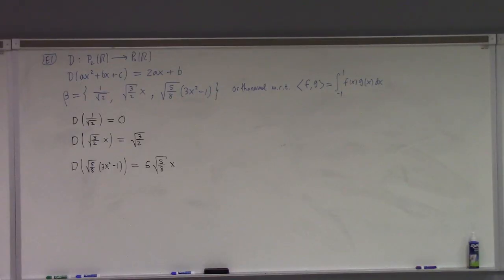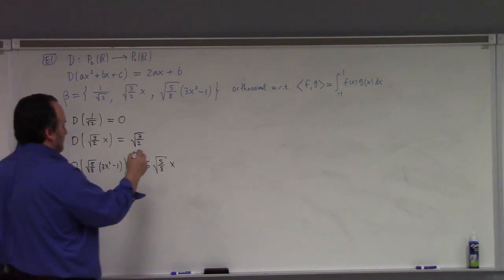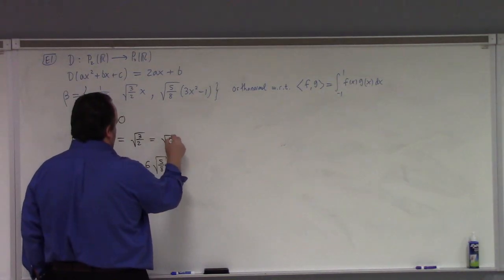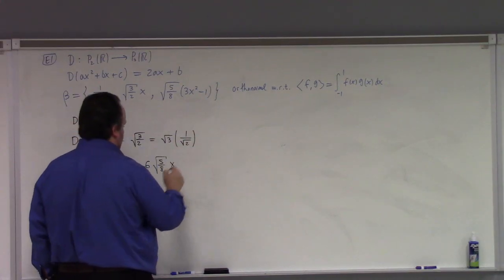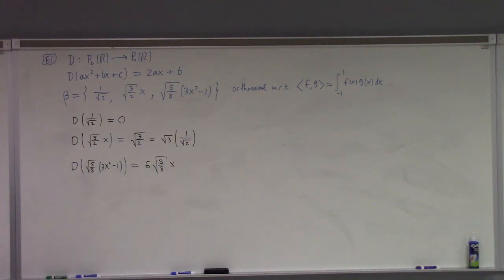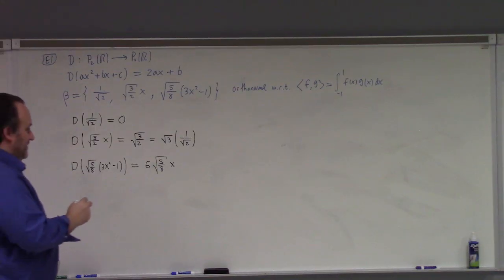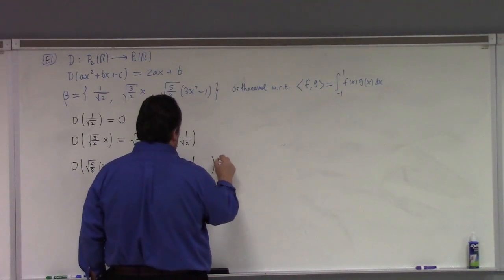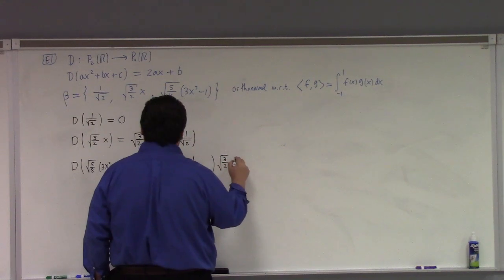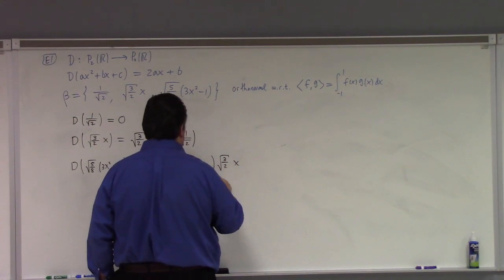All right, so to read off coordinates, if we can write the answer in terms of the basis, then we can read the coordinates off directly, right? Like this is what? This is the square root of 3 times 1 over root 2, right? And you guys help me fill in the blank here. Blank times root 3 over 2 x, right?